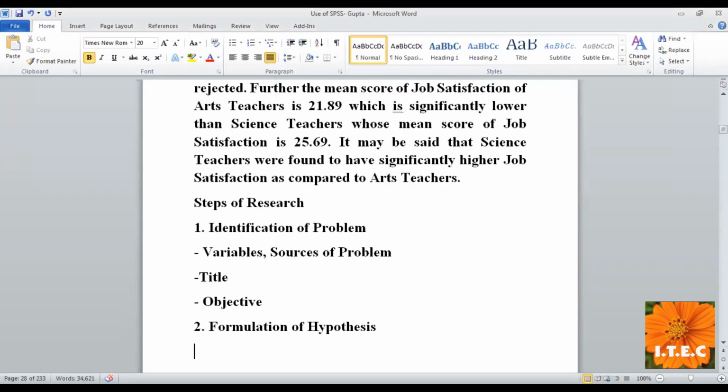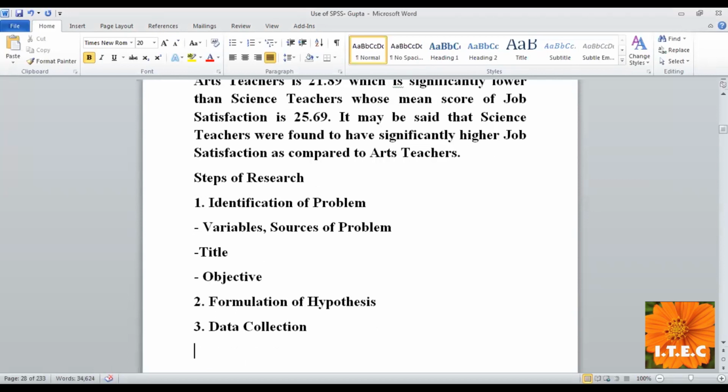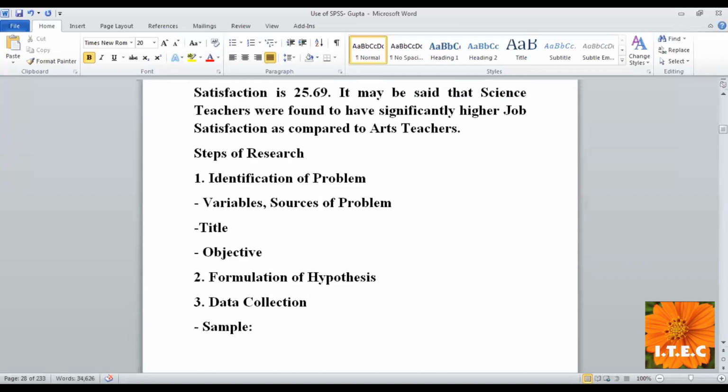Now, the third step is the data collection. And I have already told you, under data collection, the first important thing that you should understand is about the sample. And in this sample, you should understand first the universe.